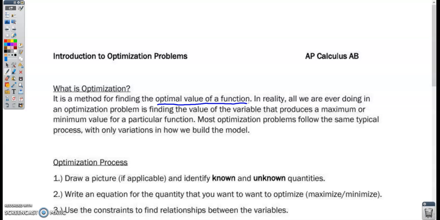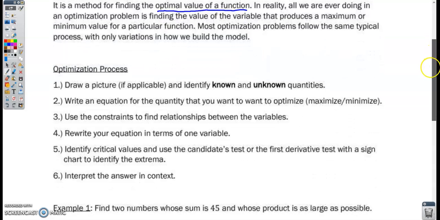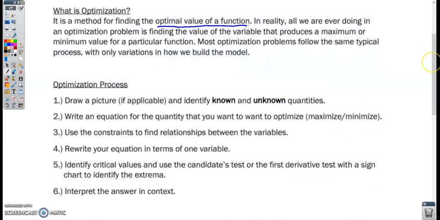The whole idea is when we're solving optimization problems, we're going to follow the same typical process. The only variations that we're going to see are in how we build the model. So here's the process, six steps. First off, draw a picture, if it's applicable, and identify known and unknown quantities.